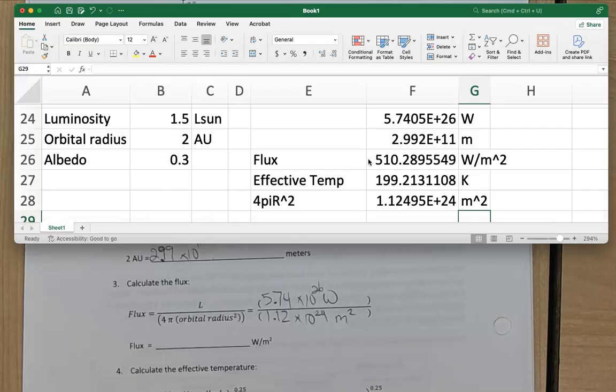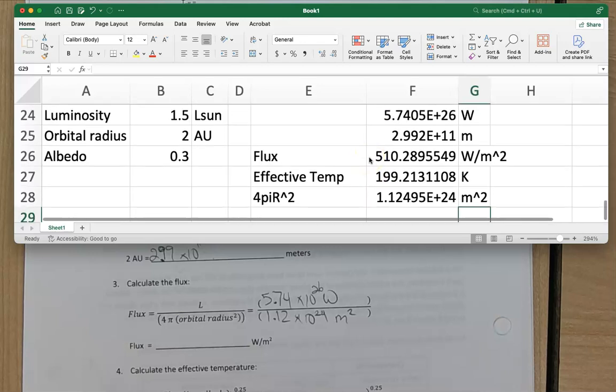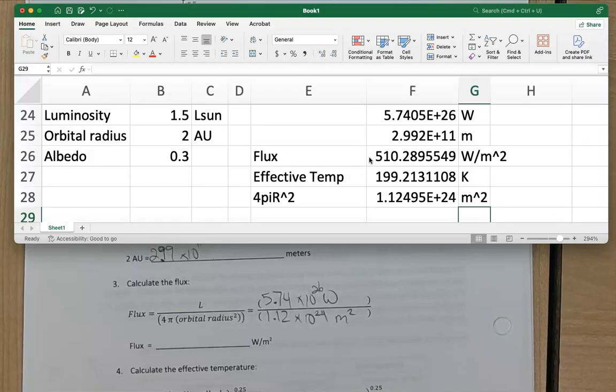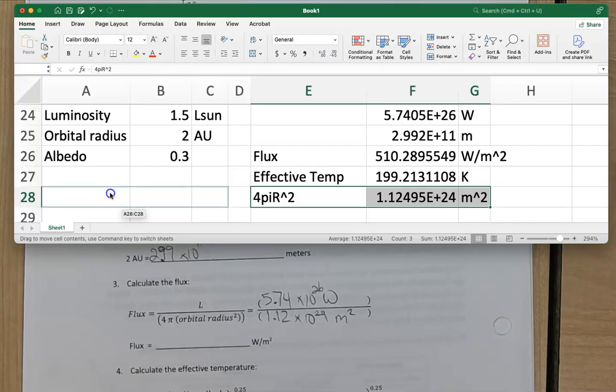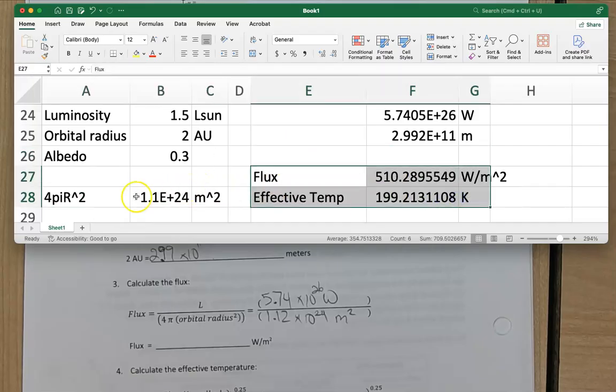For a cooler planet, that would be a flux of hundreds of watts per square meter. If you got a hot planet, it might be 1,000 or 2,000 watts per square meter. But yeah, your numbers here should be in the hundreds or low thousands. And I'm just going to move this around to make this cleaner.